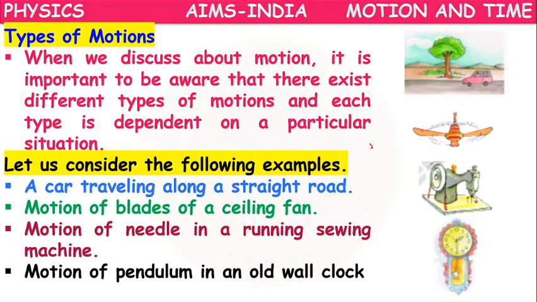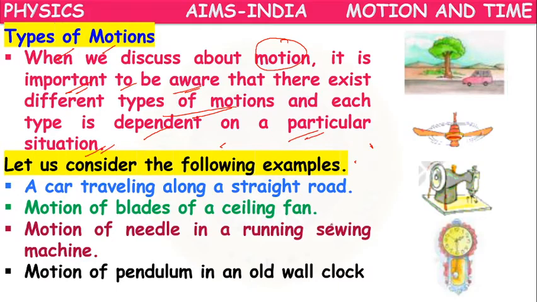Next, types of motion. When we discuss motion, it is important to be aware that there exist different types of motion. If we simply say motion, it is not applicable to all kinds of motions, because each type is dependent on a particular situation.